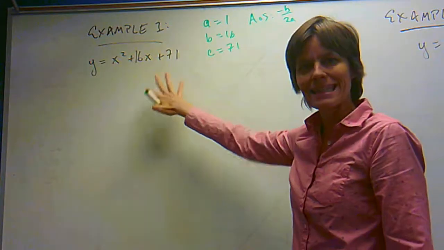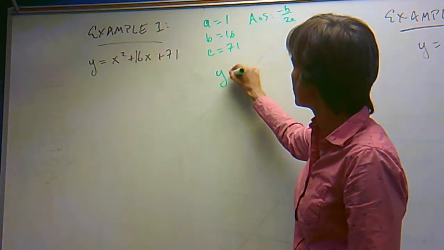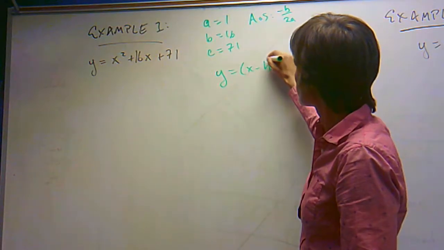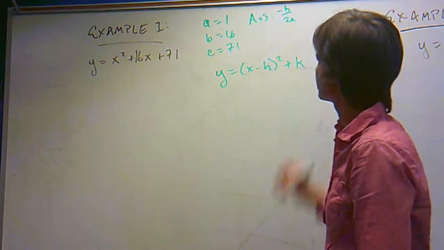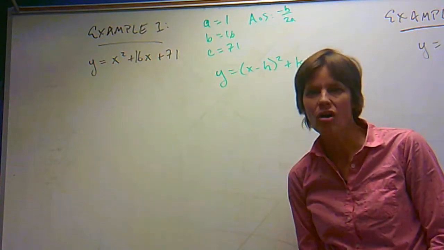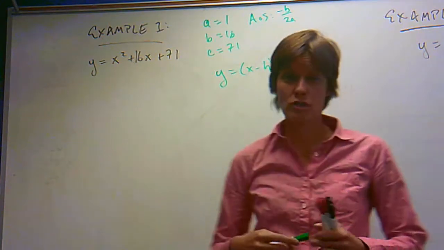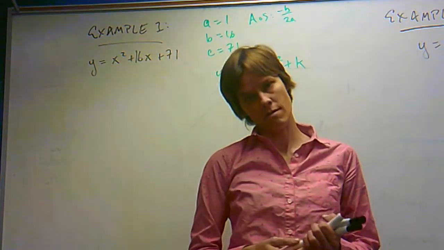So we want to get this in this form: y equals x minus h quantity squared plus k. Well, how do you do that? That's hard. It has to do with factoring and completing the square.